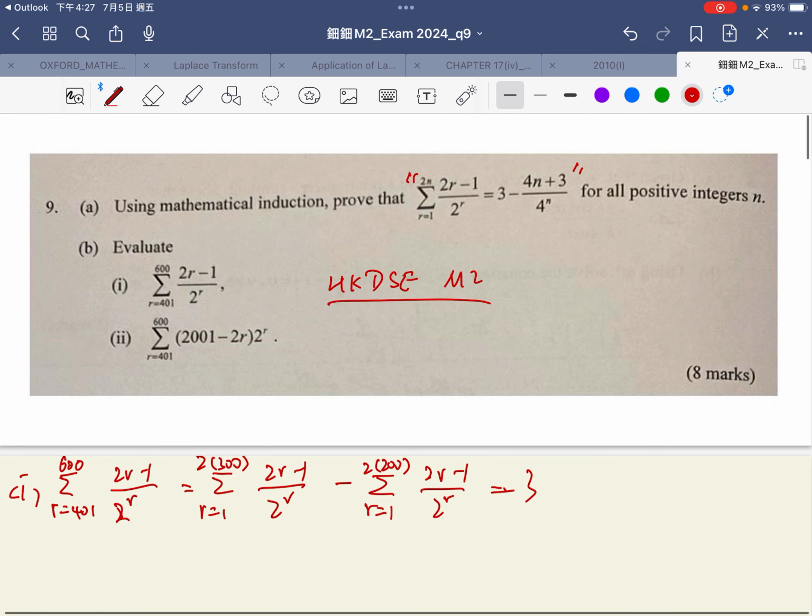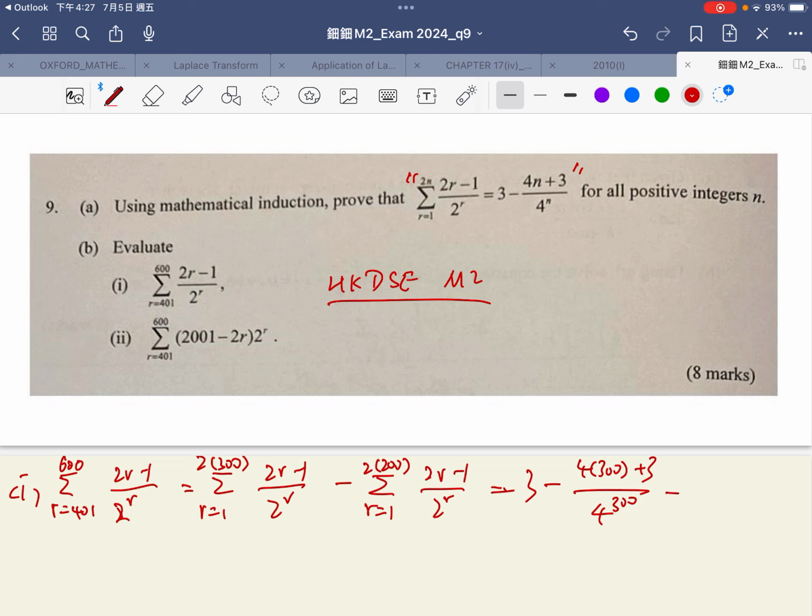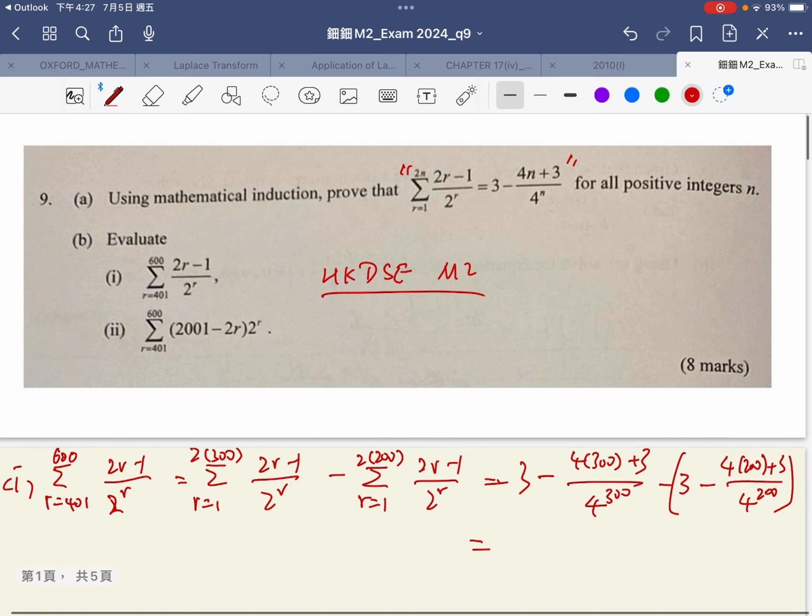For the first one, apply n equal to 300: 3 minus (4 times 300 plus 3) over 4 to the power 300. And the second part is 3 minus (4 times 200 plus 3) over 4 to the power 200.